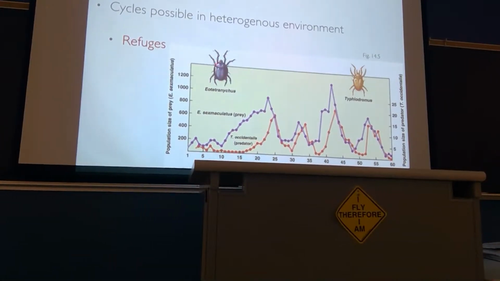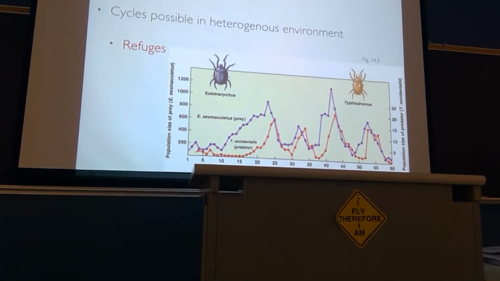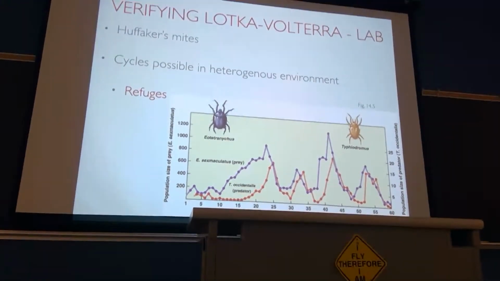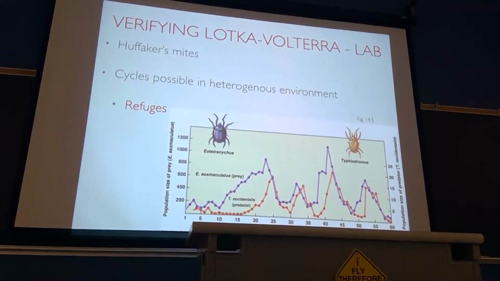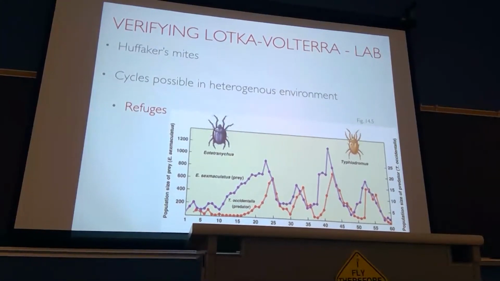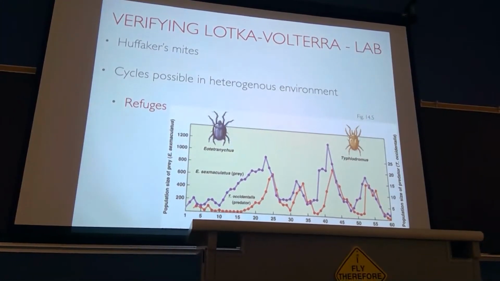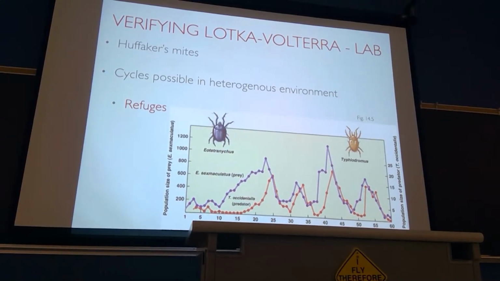This mite likes to live on oranges and fruit, and so what Huffaker found was that if he provided a whole bunch of heterogeneity, a whole bunch of oranges with little hiding places on them covered in paper, then there were refuges from the predator that allowed the prey to exist and to bounce back from overpredation events. If you took away that stuff, then the predator mite would eat all the prey and die, just like we saw in Gause's protist experiment. And so again, this heterogeneity is necessary for coexistence and for cycles.